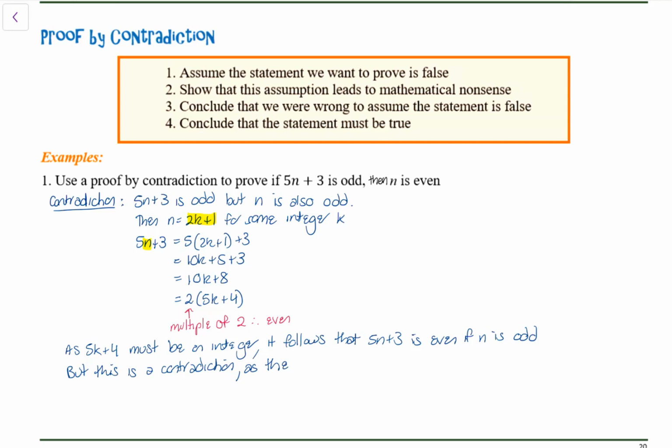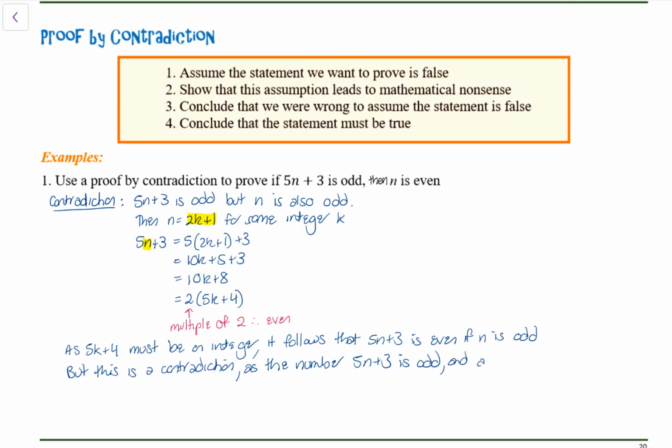As the number 5n plus 3 is odd, we started off by saying it was odd, but now we're going 5n plus 3 is even if n is odd. So they're contradicting each other.